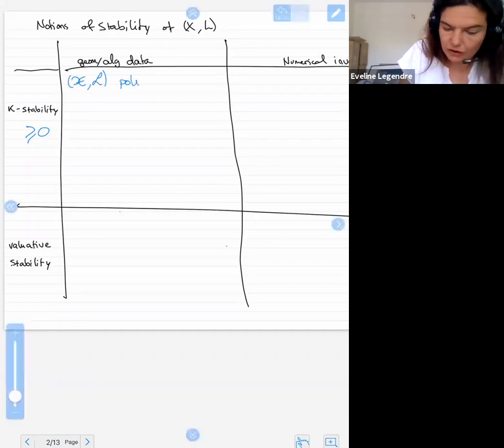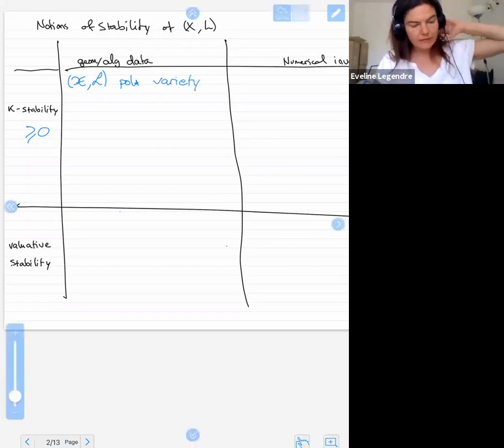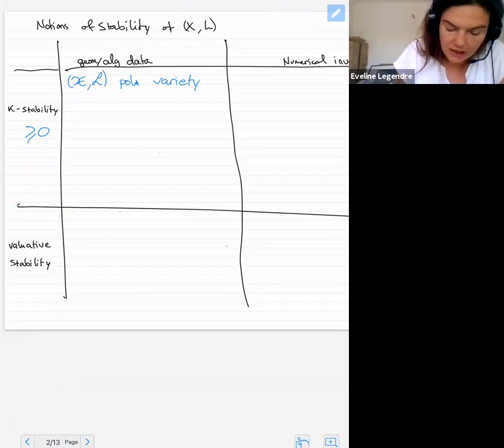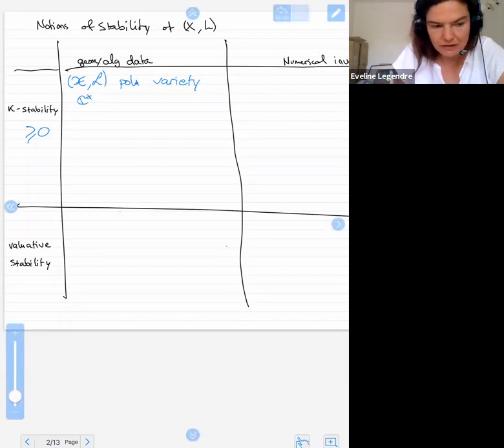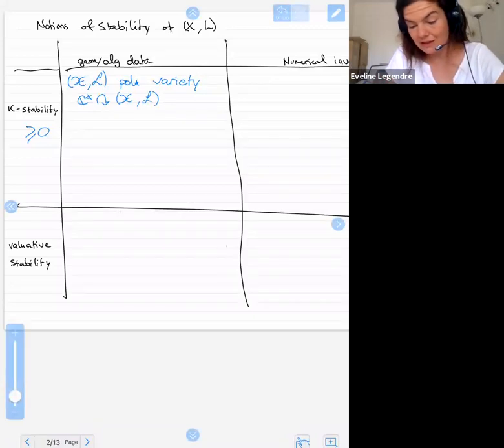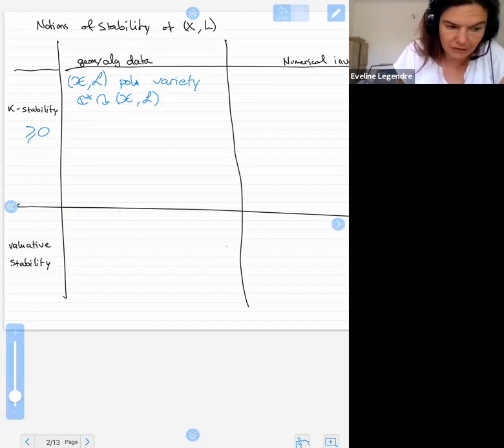This notion has been developed by Tian, by Donaldson, and also many other people over the years, and I describe just a very simple part of it. There's a C-star action, actually a C-star linearized action, so it acts on the total space of L, if you want.